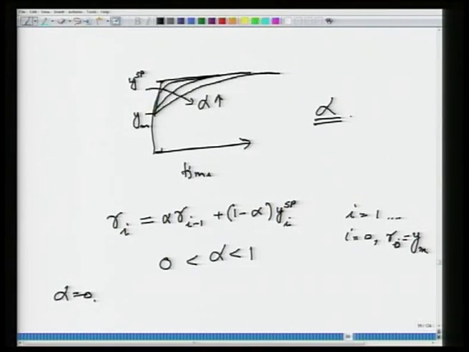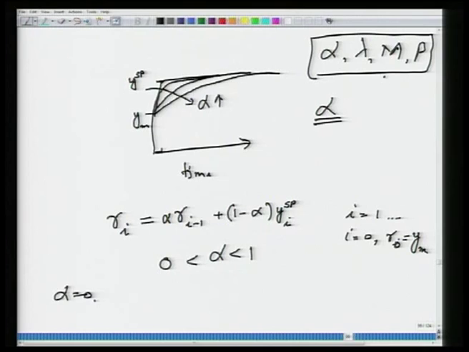Okay. And the larger alpha I use, the more sluggish the control system becomes, alright. So, alpha, lambda, m and p are the tuning parameters that are in the hands of a control system designer to tune your model predictive controller to get the kind of control performance that is desired.